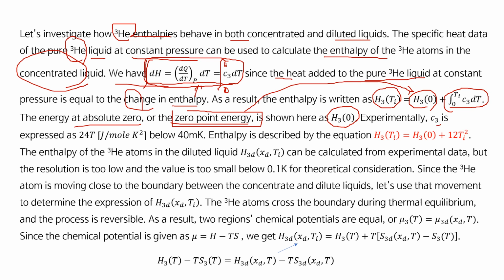Experimentally, C3 is expressed as 24 T joule per mole K squared below 40 millikelvin. So enthalpy is described by the equation. If we use 24 T here, then we can have these results.